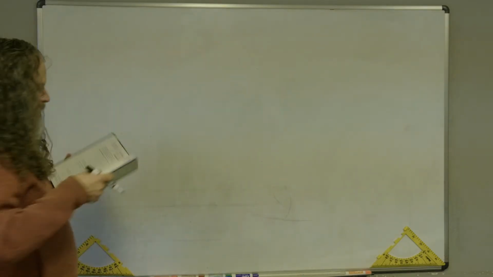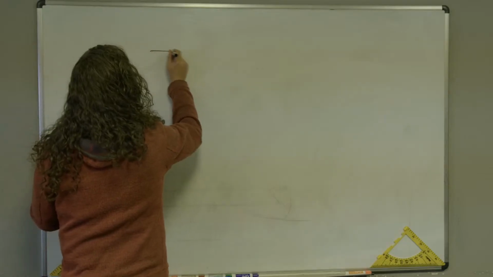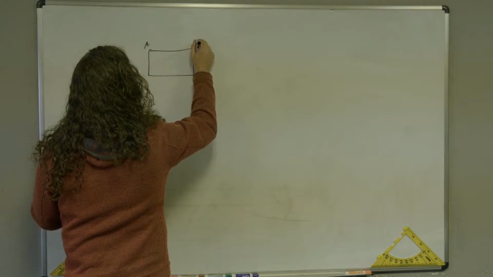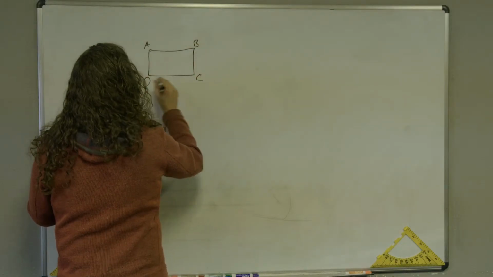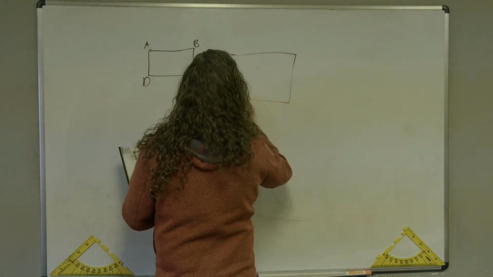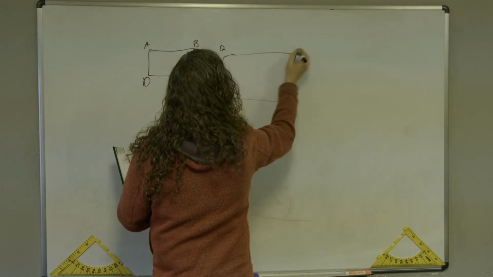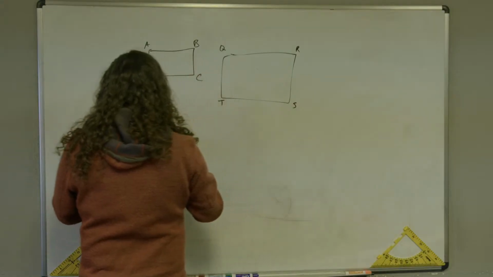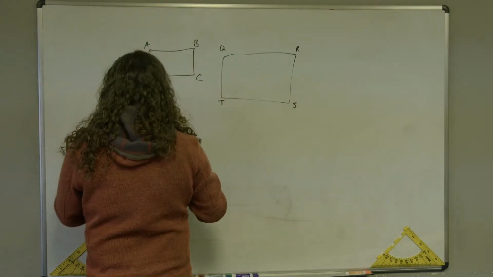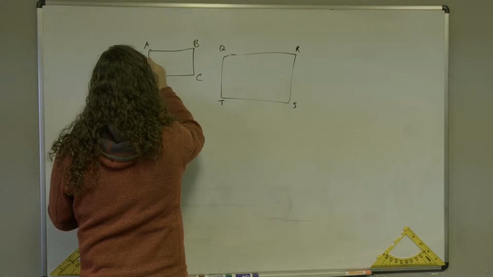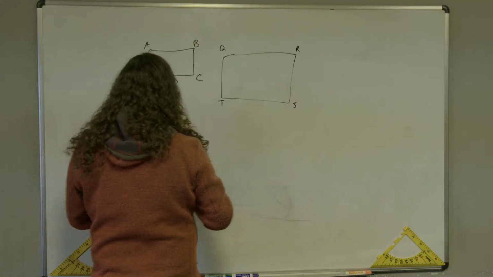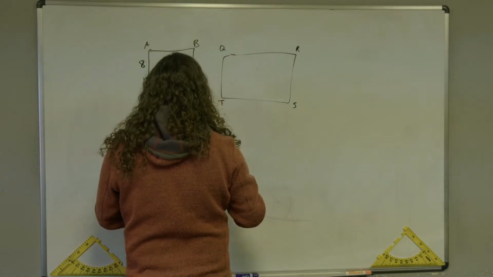Okay, so we got rectangle ABCD. We got another rectangle, QRST. And ABCD has a width of 8 yards and a length of 20 yards. And rectangle QRST is similar.